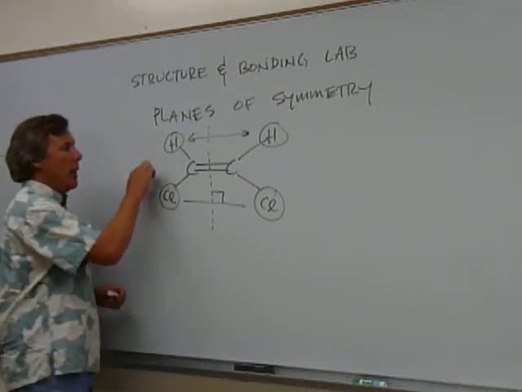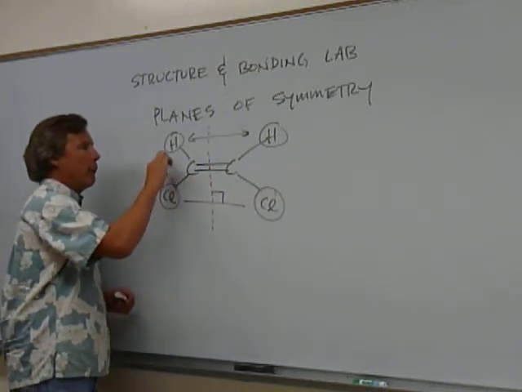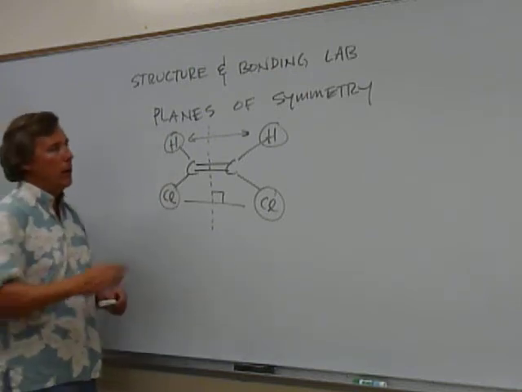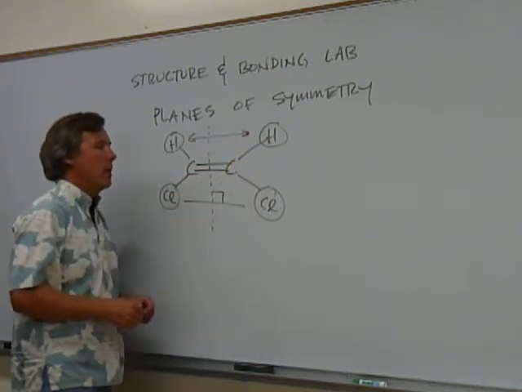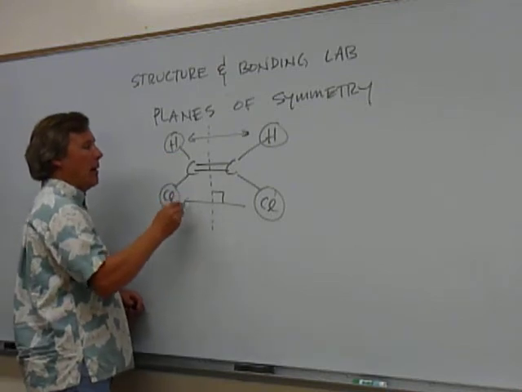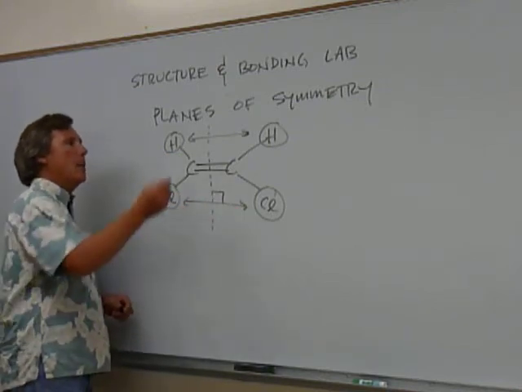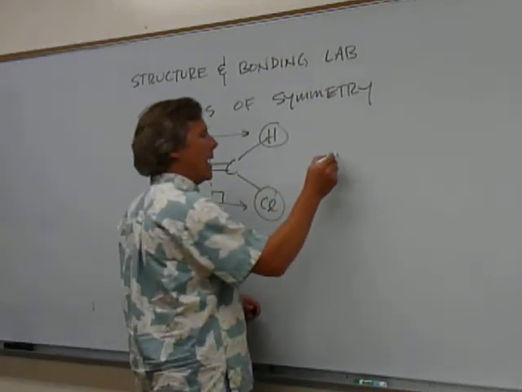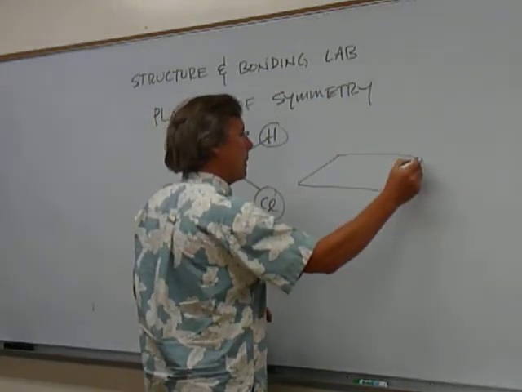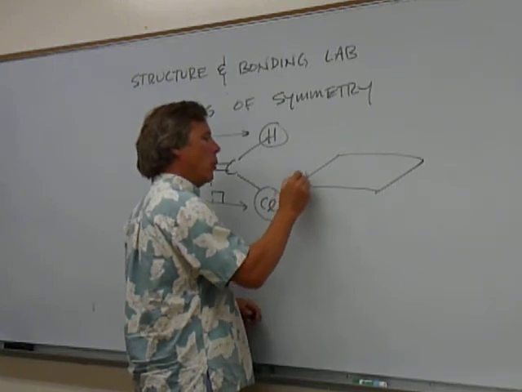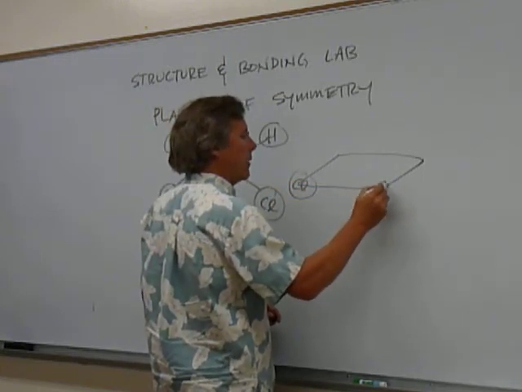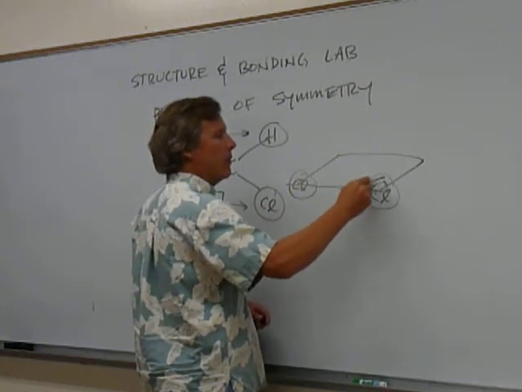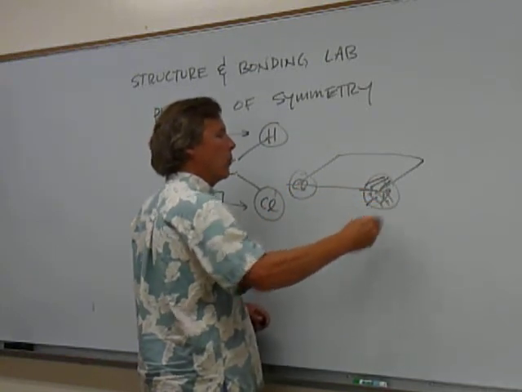There is not a plane down the middle because if I reflect it across, hydrogen does not match with chlorine. And hydrogen doesn't match with chlorine. However, when I split the double bond, there's a plane of symmetry there. And then there's a plane of the board where if we were to look at the atoms from the side, the chlorine atom and the chlorine atom, when split in half, this half of the chlorine atom is the same as this half of the chlorine atom.